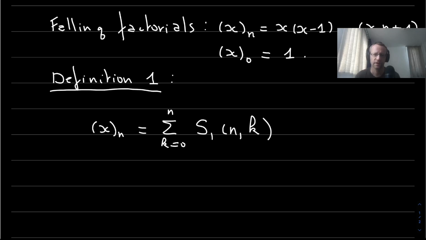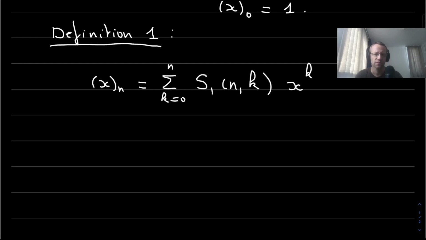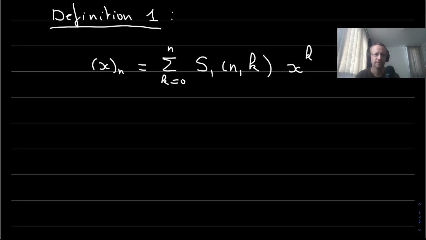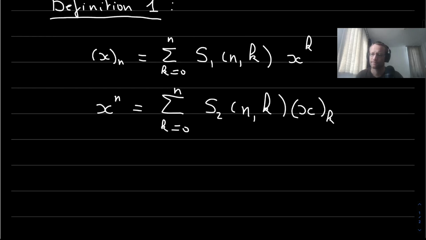We define the first kind of Stirling numbers, S1, as the change of basis from polynomials which are just monomials, x to some power k, to the basis of falling factorials. And then vice versa. The Stirling numbers of the second kind tell us how to do the reverse change of basis, from the falling factorials to the monomials.